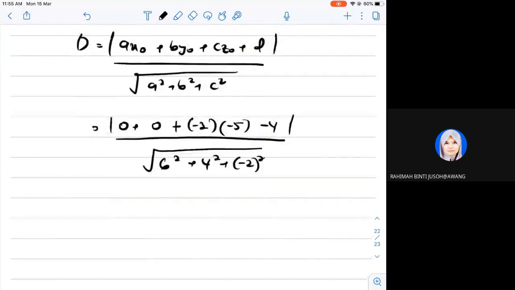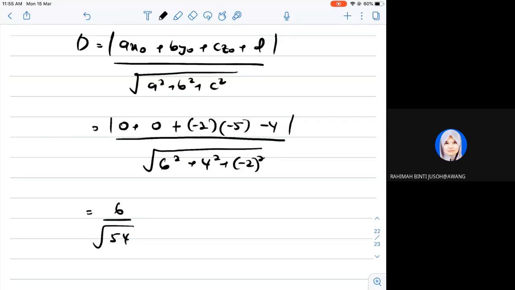Did you have calculator with you? So now we have 2 times 5, 10. 10 minus 4 is 6 over square root of 36 tambah 16. 54, isn't it?